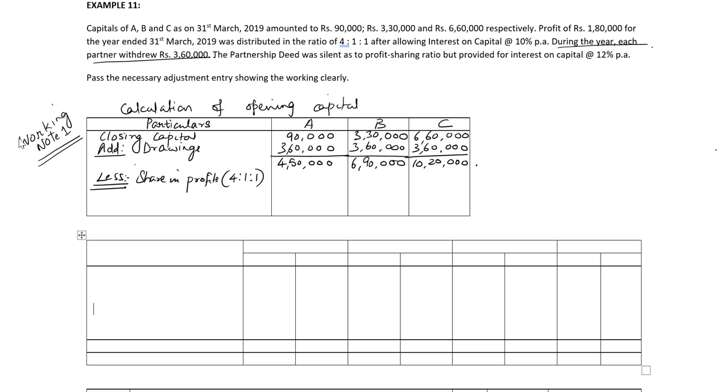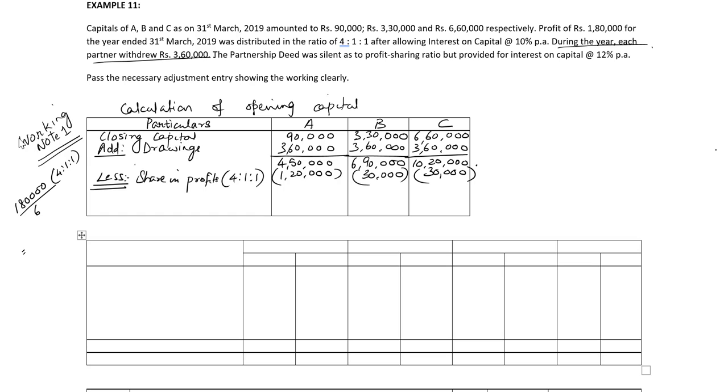So on dividing 1,80,000 in 4:1:1, we divide by 6 and multiply by 4. So we get 1,20,000 for A. We get 30,000 for B, and we also get 30,000 for C.